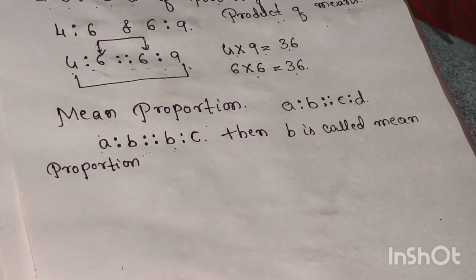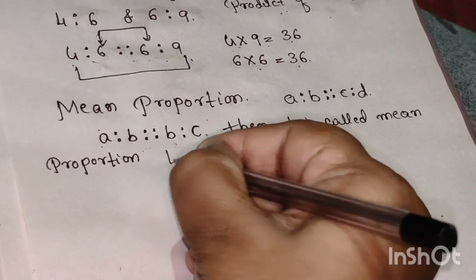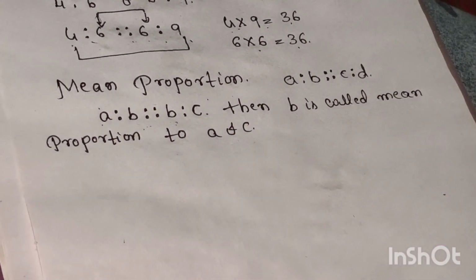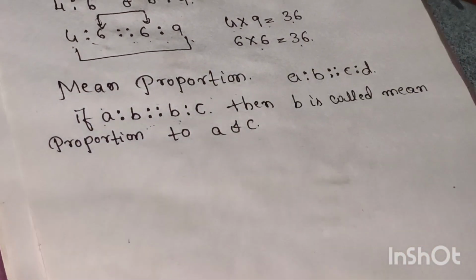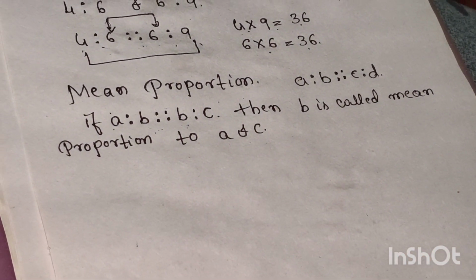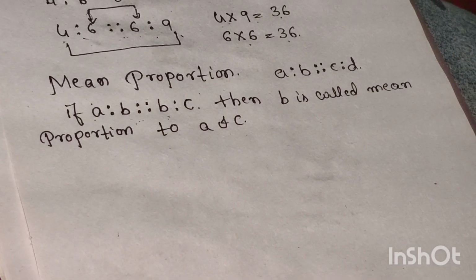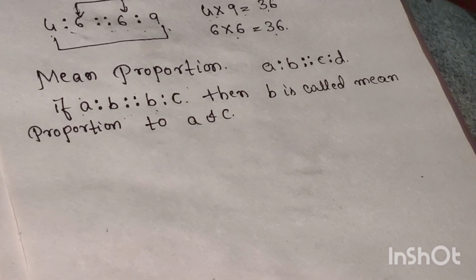B is called mean proportion to A and C. If A is to B is proportion to B is to C, then B is called mean proportion to A and C.